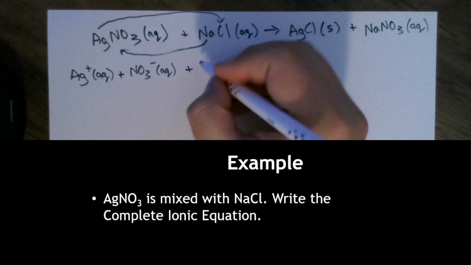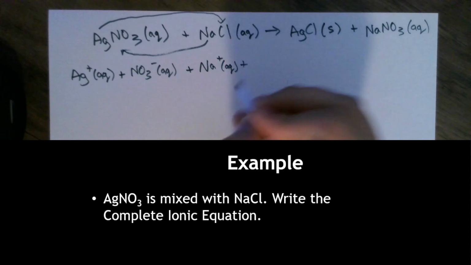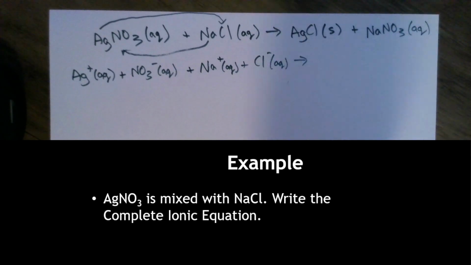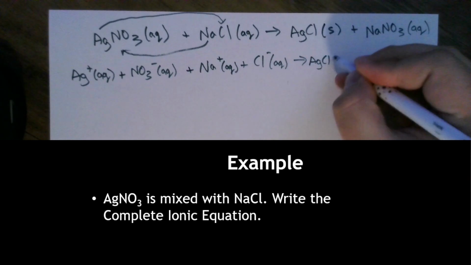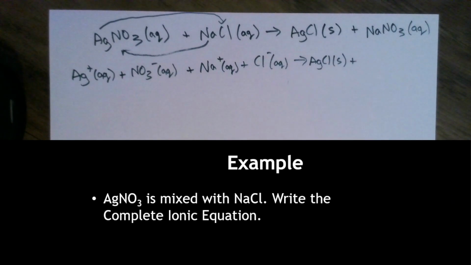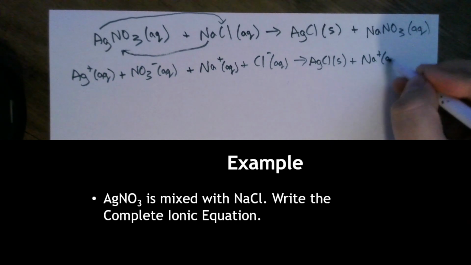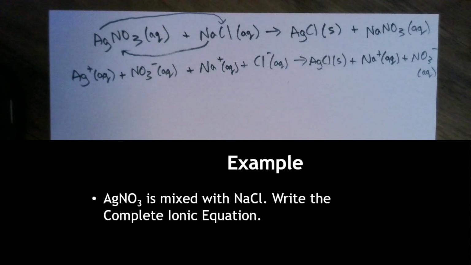The second one is split into an Na plus, which is aqueous, plus a Cl minus, aqueous. All my aqueous things are going to split apart, but this solid is not. AgCl remains as a solid, so I don't split it apart. But this one is aqueous, so I have to. Na plus, aqueous, and then NO3 minus, aqueous as well.